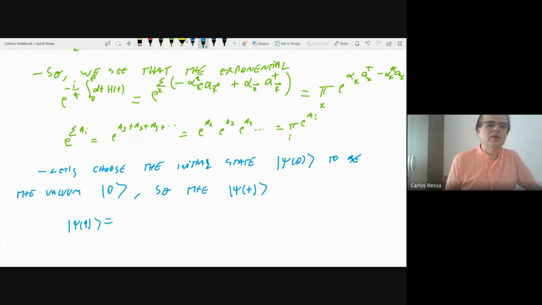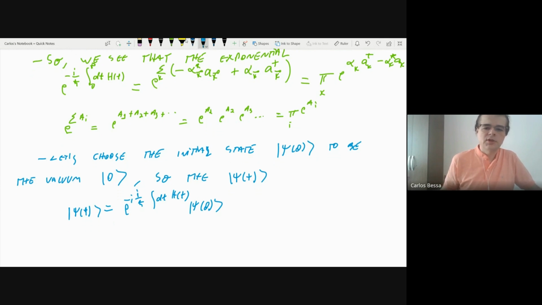That is this exponential. Remember, psi of t was something like this, applied to psi 0. So calling psi 0 as the state 0 and using this thing that we just proved here when we use the definition of H, we can write this guy this way.